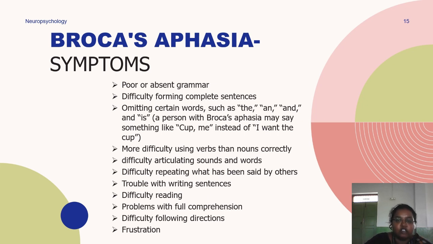Other symptoms include more difficulty using verbs than nouns correctly, difficulty articulating sounds and words, difficulty repeating what has been said by others, trouble with writing sentences, difficulty reading, problems with full comprehension, difficulty following directions, and frustration.